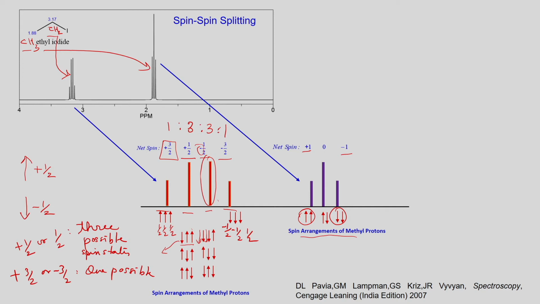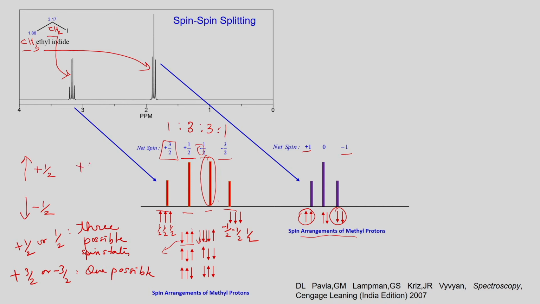The plus 3 by 2 or minus half tries to deshield the molecule. The 3 by 2 or minus 3 by 2 deshields to a lesser extent as compared to the one which is half. So it is either shielding or deshielding the protons more strongly.